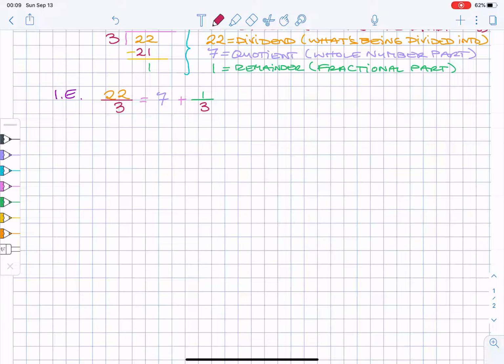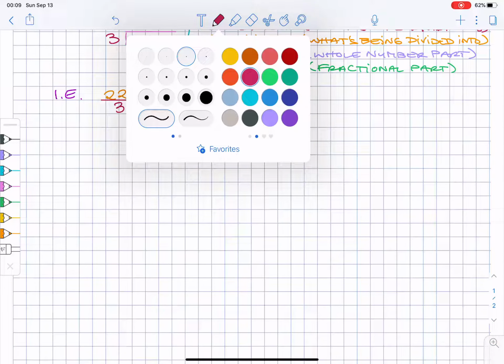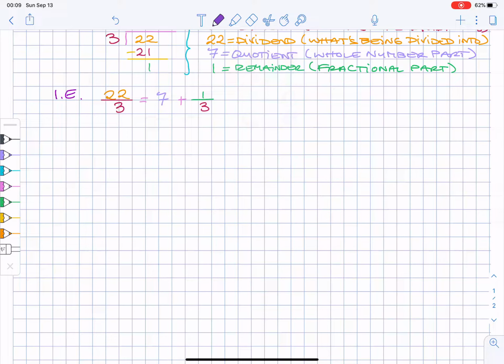So polynomial long division is best shown by example.